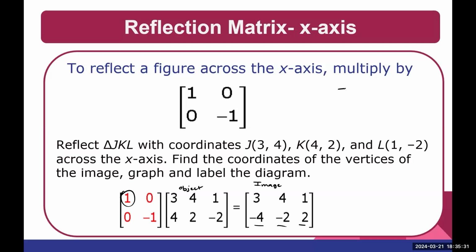Okay, sir. So if it was a negative number, let's say we have positive 5 and negative 5, and we multiply these by negative 1, the sign will change. So this negative 5 will be a positive 5, and this positive 5 becomes a negative 5. So whatever the sign was, it will change to the opposite sign. Okay, sir.